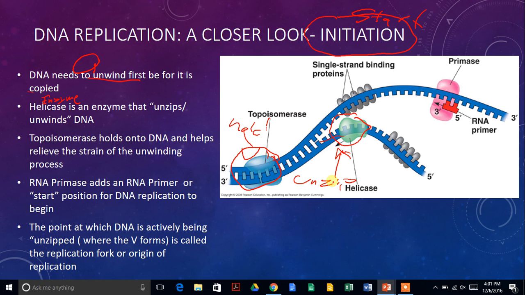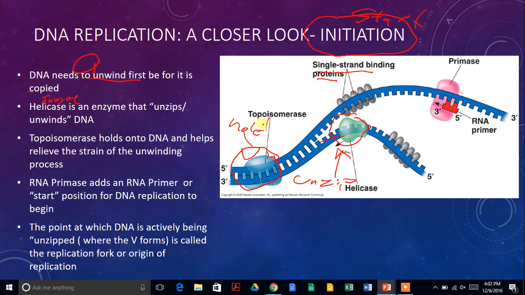The next thing we need to do, oh, by the way, these single-stranded binding proteins, we don't need to know their function for your information, they kind of steady or hold on to the two single strands and keep them from coming back together. But anyway, now we have it held and we have it unzipped. What we need to do is make start signals. Tell where exactly on this unzipped DNA are we going to start our DNA replication from.